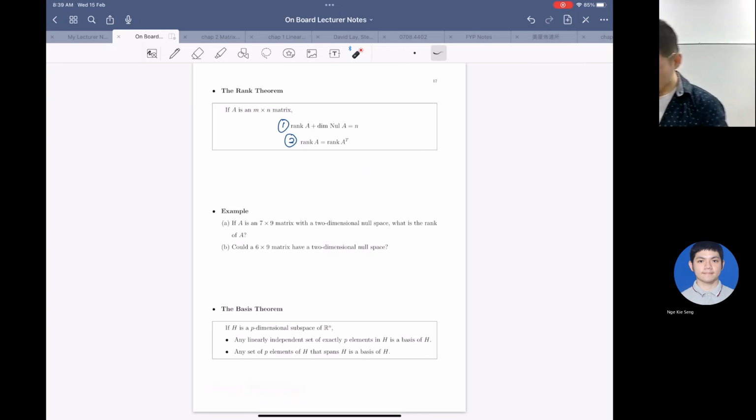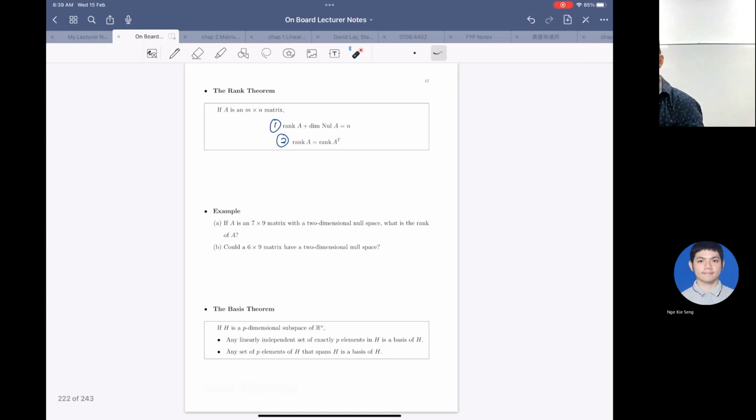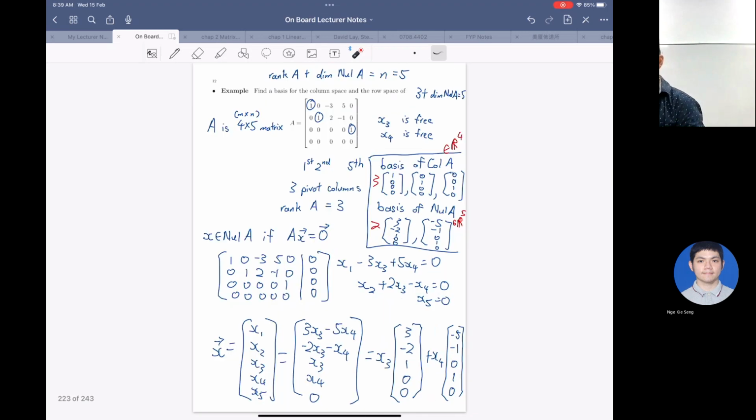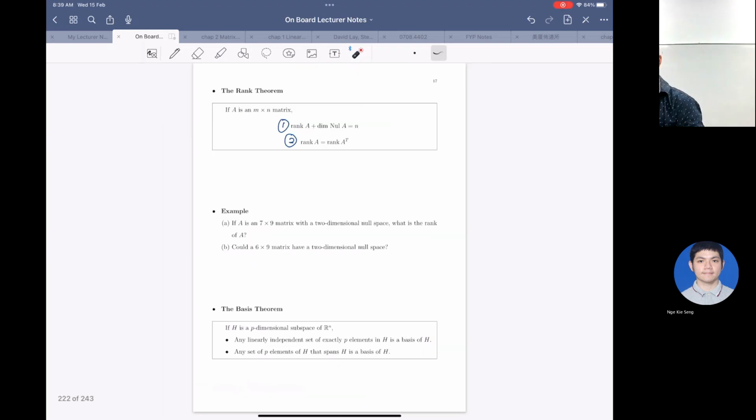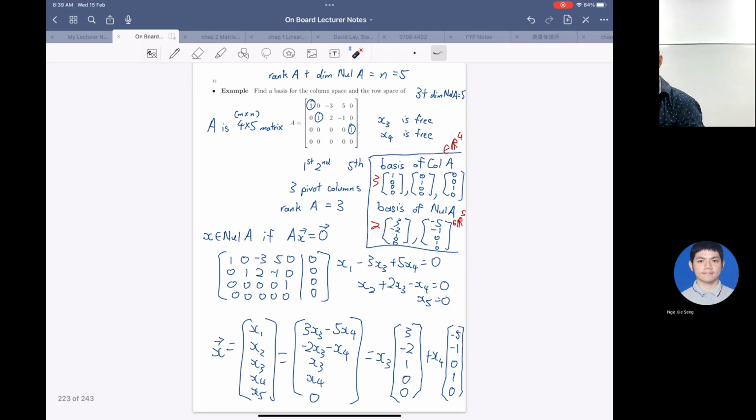Second is rank A is equal to rank of the transpose of A. Rank of A equals rank of A transpose. See, is it easy to see?